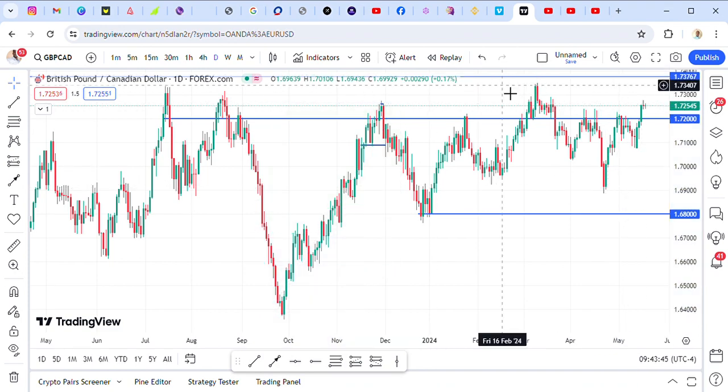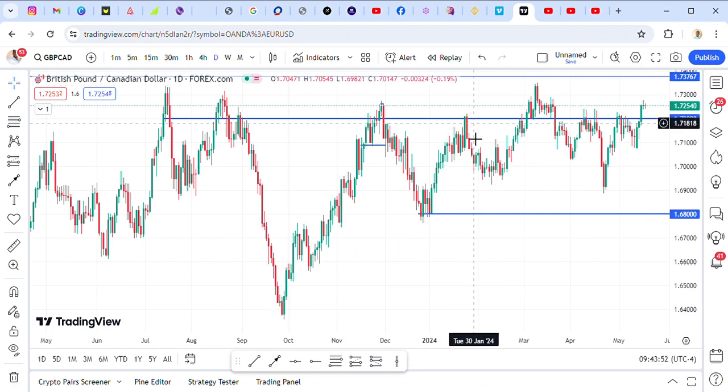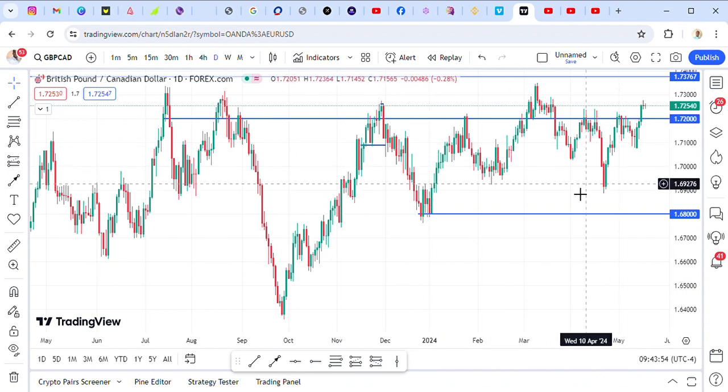So I'm predicting the next move to the upside is just going to happen. It has to happen, because of what has happened.